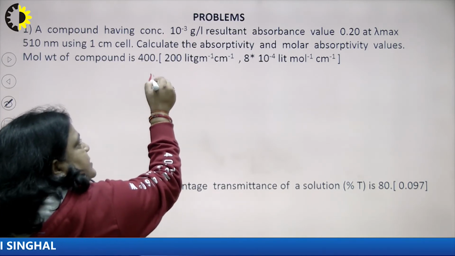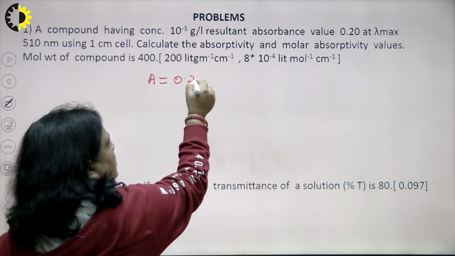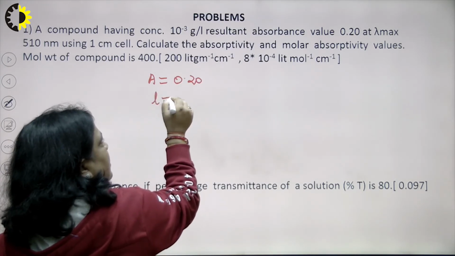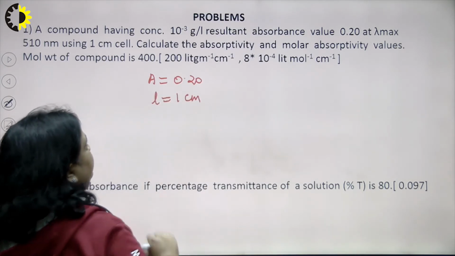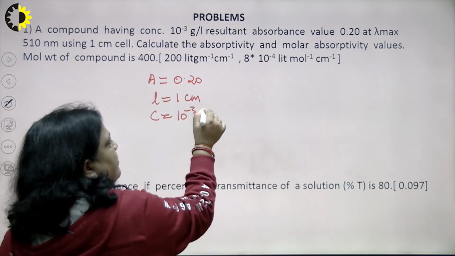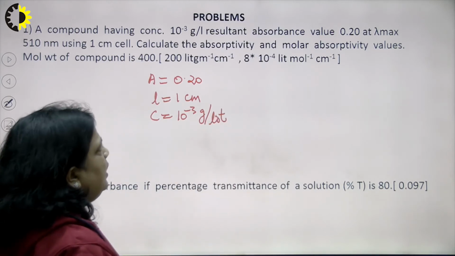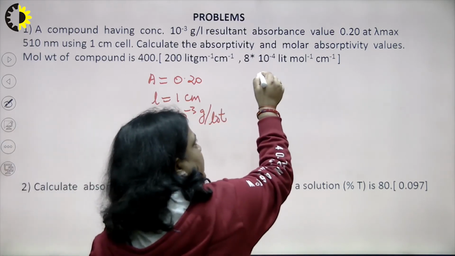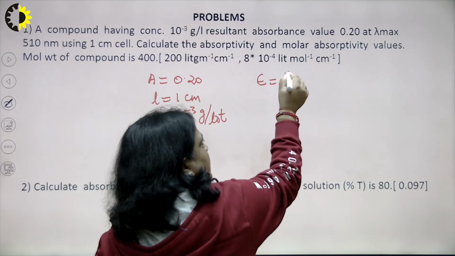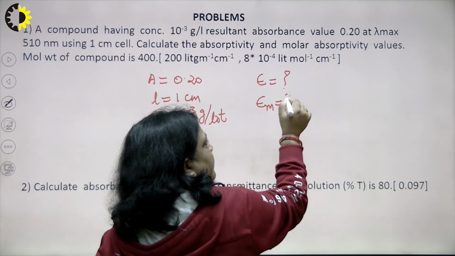So, A is absorbance, simply given, which is 0.20, L is 1 centimeter, C is 10 to the power minus 3 gram per liter, and we have to find absorptivity. Absorptivity means epsilon, and molar absorptivity is epsilon m.